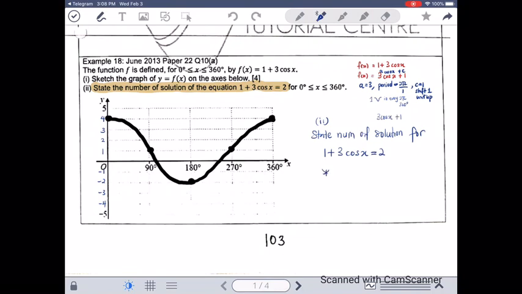We know that f of x equals 1 plus 3 cos x.